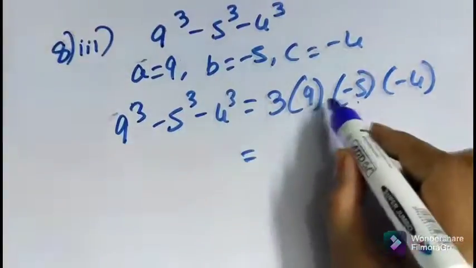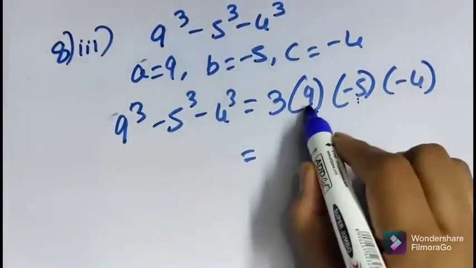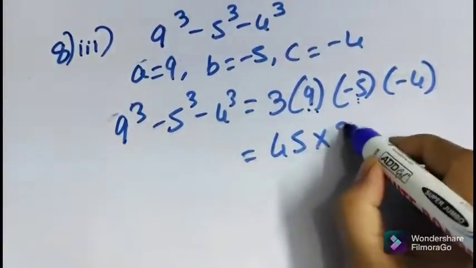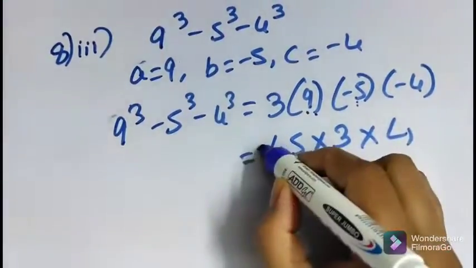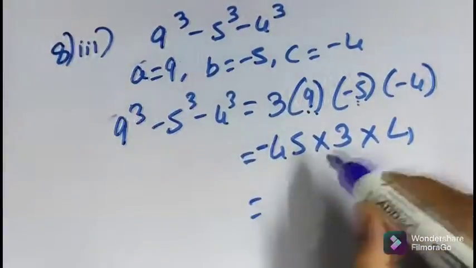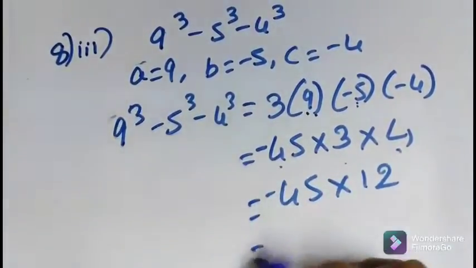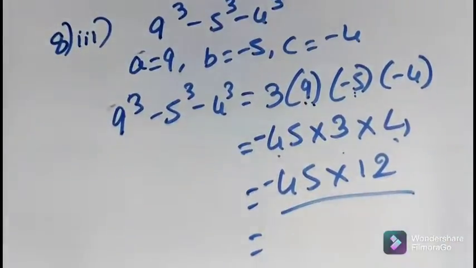So we have 5 9s are 45, 45 into 3 into 4. And this minus sign comes outside. So we can write it as 45 into 12, right? Minus sign here.